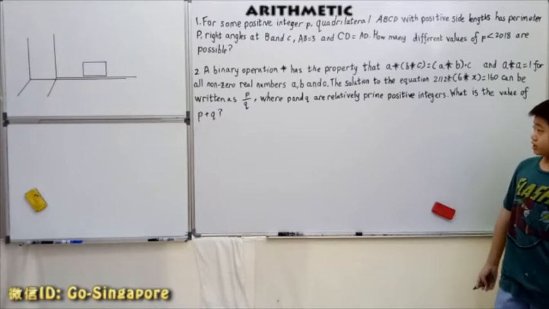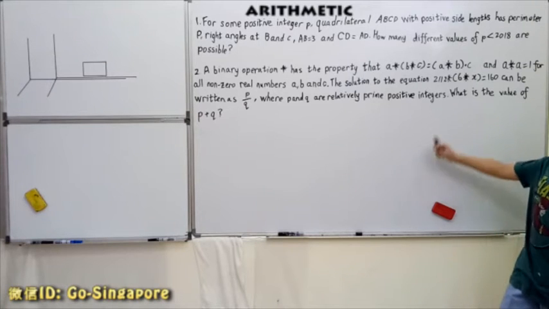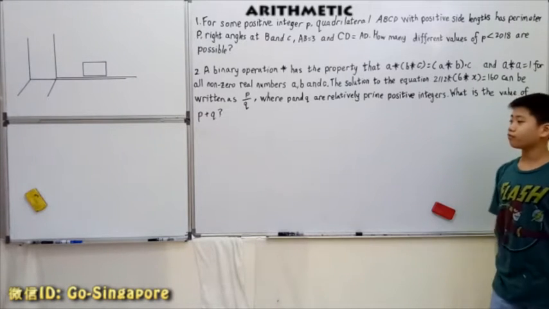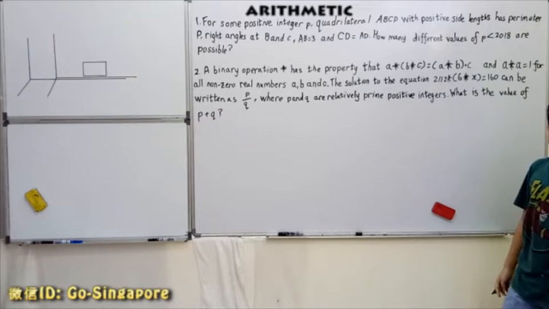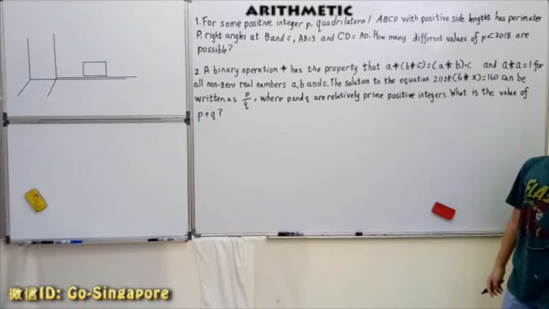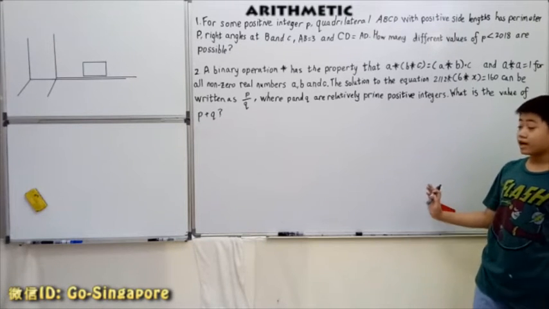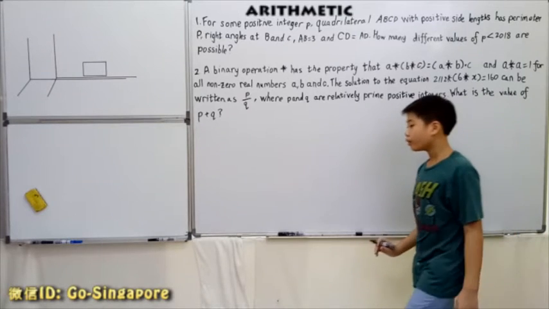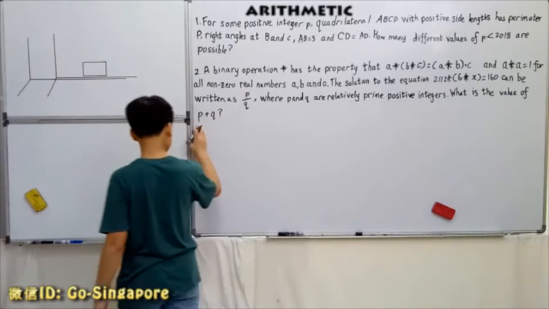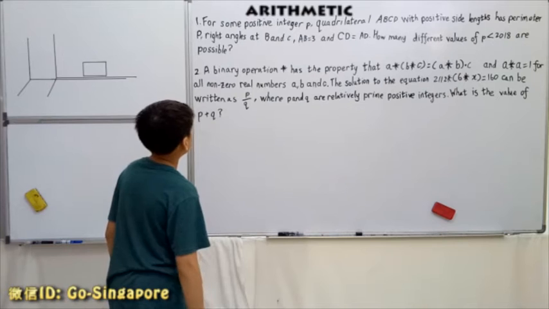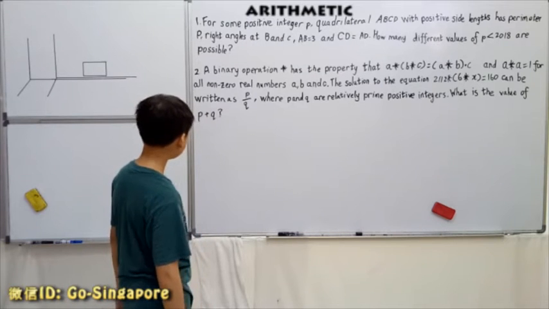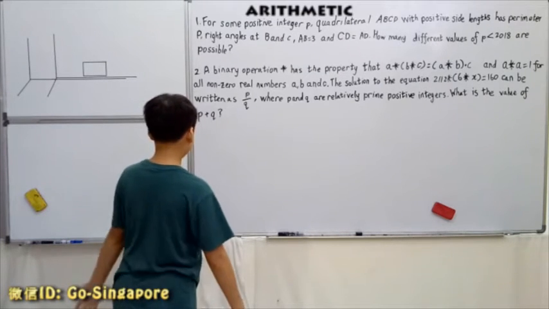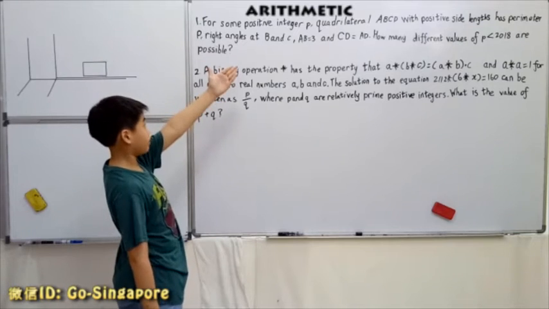Then the second question asks what is the value of a sum of things added together. That is also arithmetic. So arithmetic, other than counting, also includes finding the value of a sum. So these are both arithmetic.